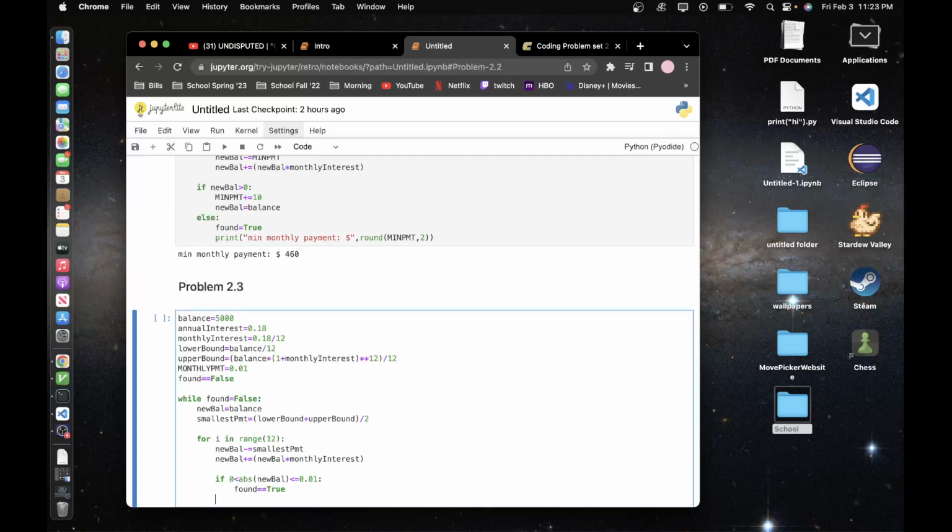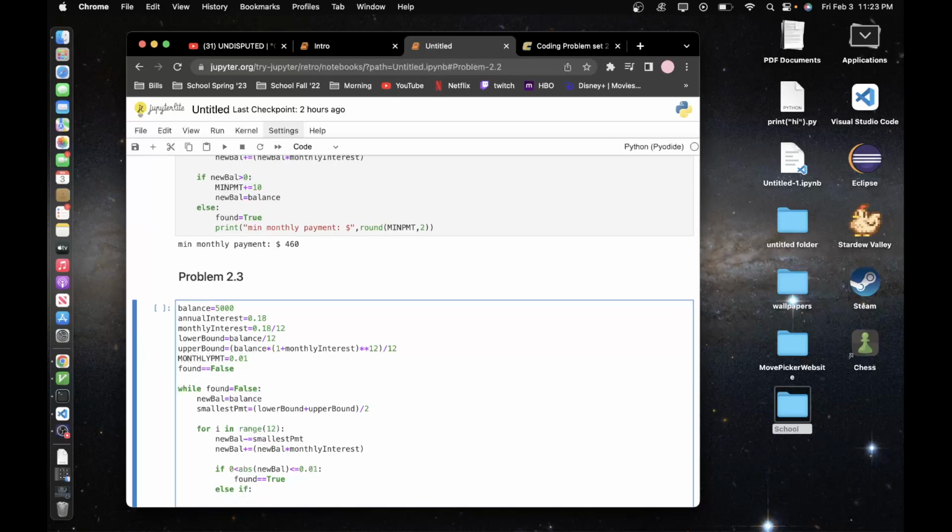So now what we're doing is we're saying else if, oh no, sorry. Else if new balance, like if it's negative, we want the upper, it's negative.